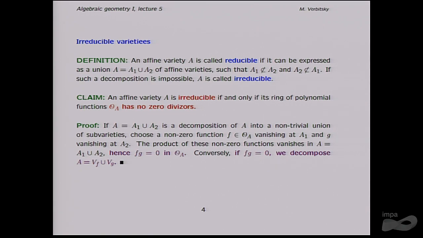So now the main subject of today's lecture is irreducible subvarieties. These two cases of singularities can be distinguished, obviously.